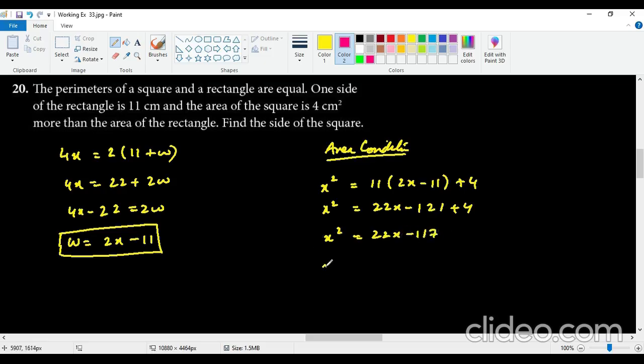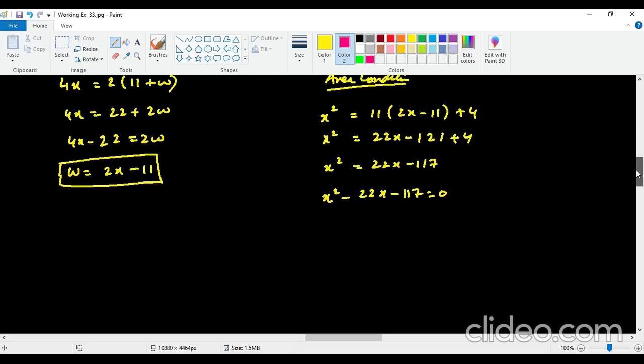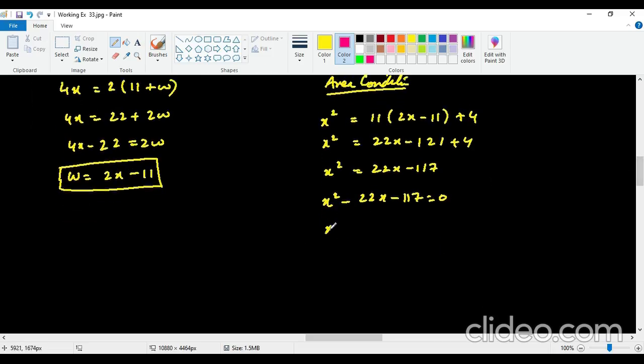This becomes a quadratic equation, x square minus 22x plus 117 equals 0. Now since this is a quadratic equation, we can use factorization, because 13 times 9 equals 117. So we will be using minus 13x and minus 9x. These two give us a minus 22, and when multiplied together give us 117. 13 times 9 is 117, and minus 13 and minus 9 gives us minus 22.